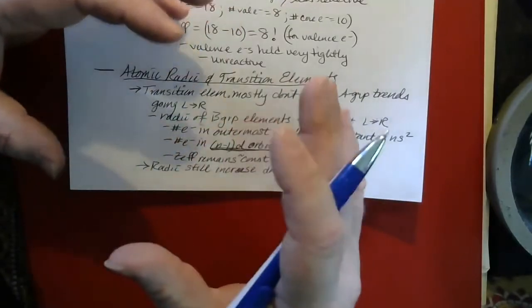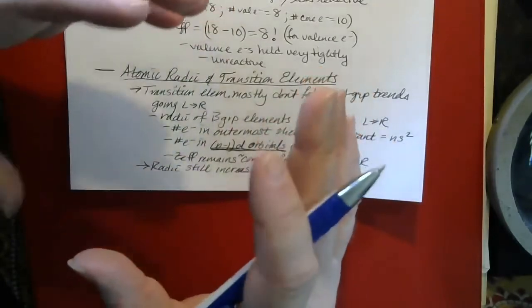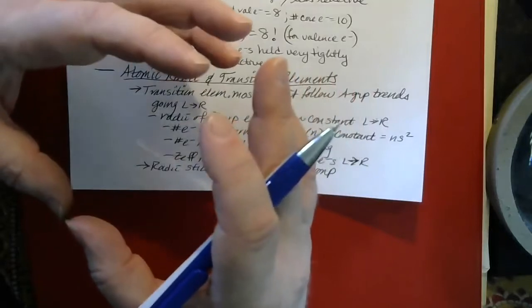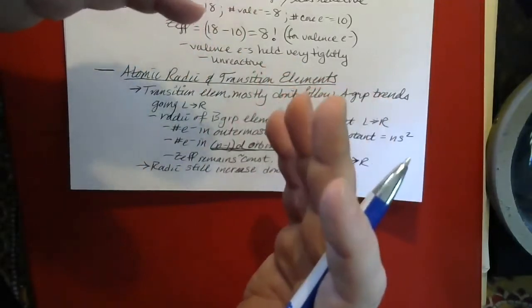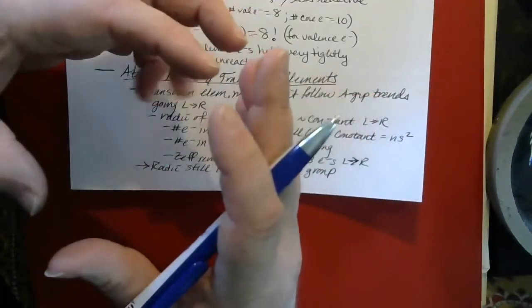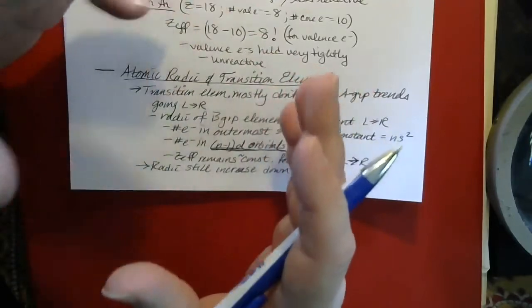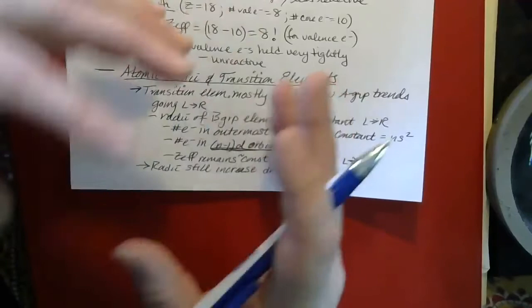So when you add a proton and an electron and pull the outer shell of electrons a little closer to the nucleus, that basically pushes the inner shells of electrons a little closer to the nucleus, but you're really just compacting the empty space between the shells of electrons.